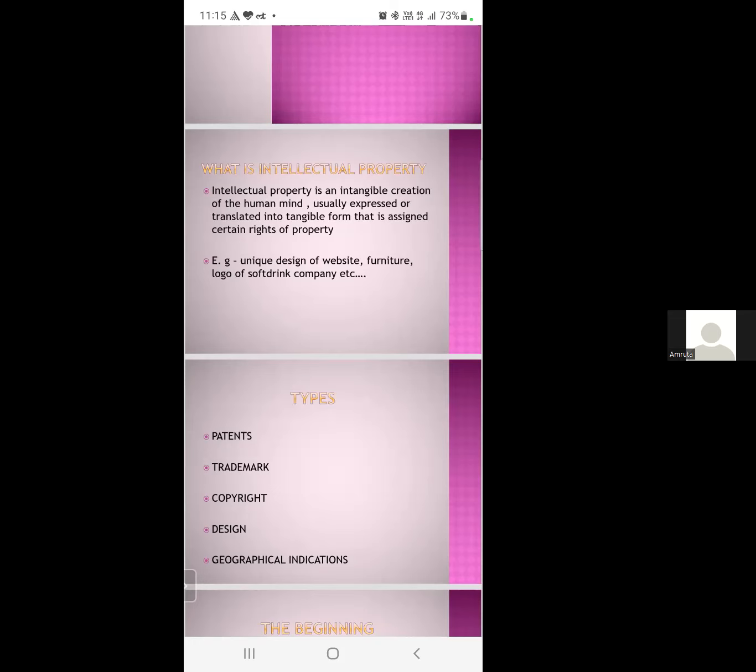The best examples are when we see a unique design on a website or furniture, or a logo on a soft drink, and we immediately recognize it, say, as Coca-Cola or Microsoft. It has a unique design recognized or attached to that company, person, or entity.